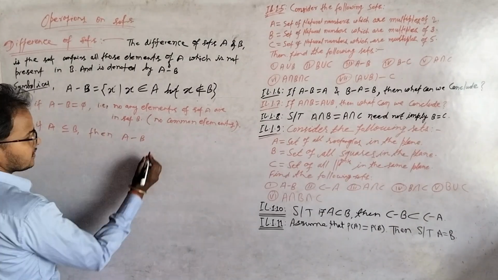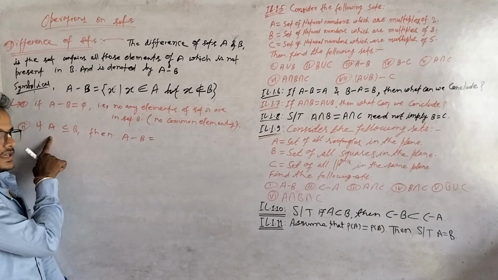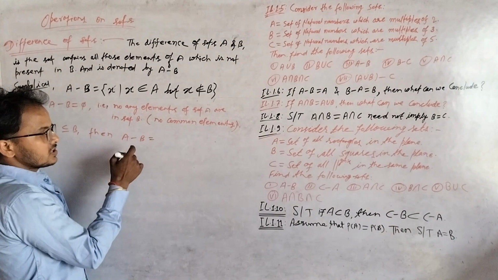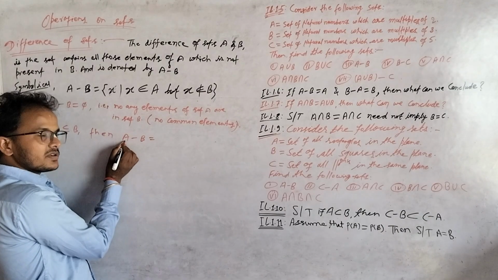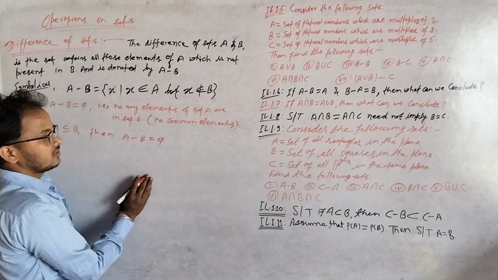A minus B, because all elements of set A are contained in set B, means all the elements belong in set B. So all the elements are subtracted from set A, so we are left with null.